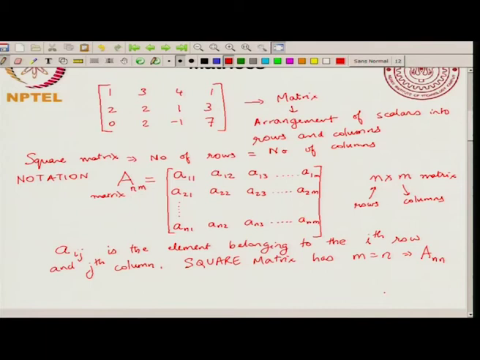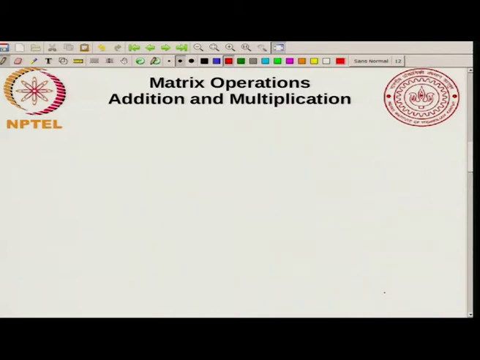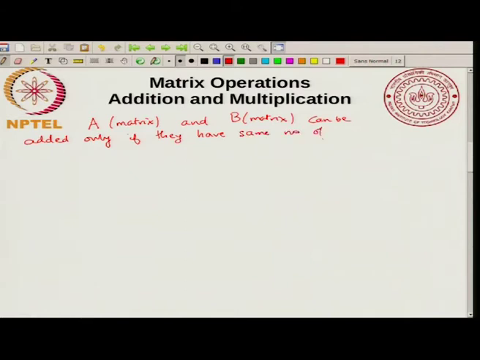Now, you can ask where this is useful and what the properties of matrices are. So, let us look at some basic properties of matrices. I will go through this very quickly because I am sure many of you are familiar with these. As far as addition and multiplication goes, A, which is a matrix, and B, which is also a matrix, can be added only if they have the same number of rows and columns.